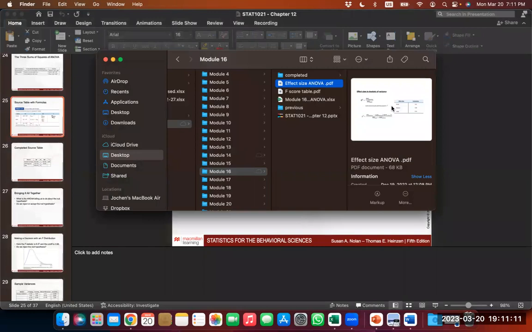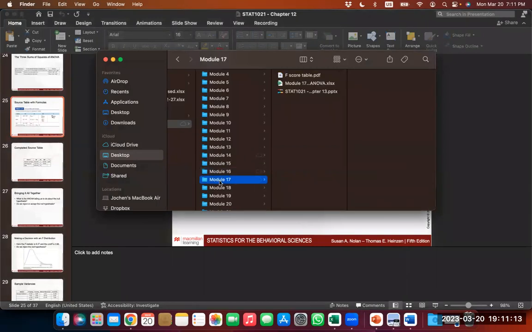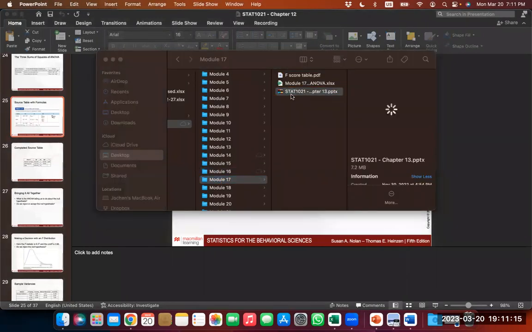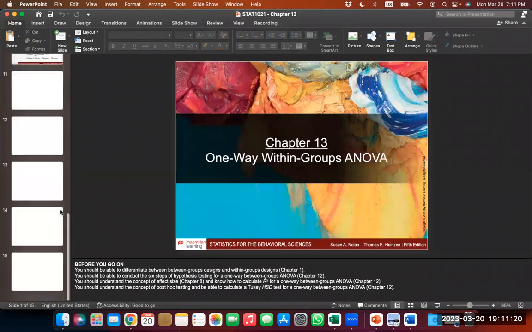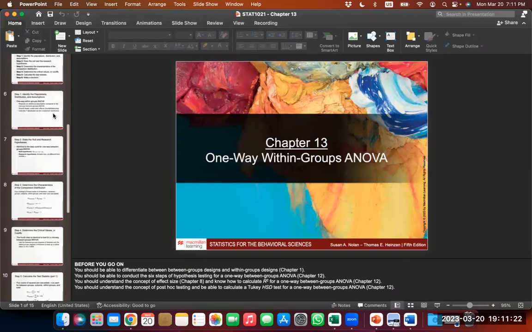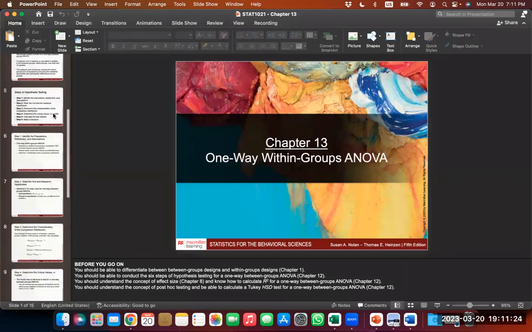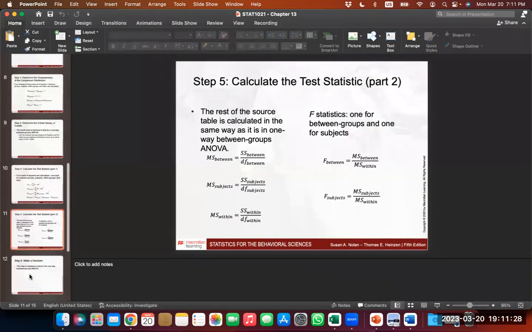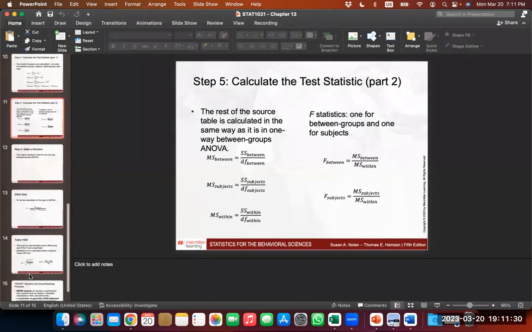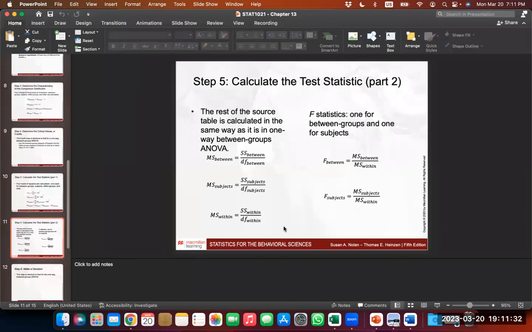I can speak about this first, since you're still here for a couple of minutes. So here we have the source table, now supplemented with an additional variance estimate.